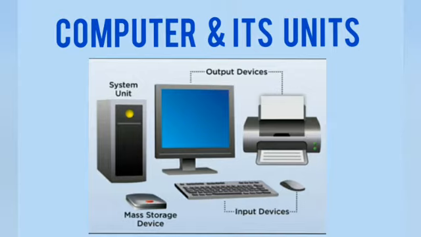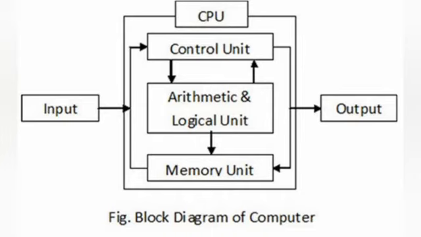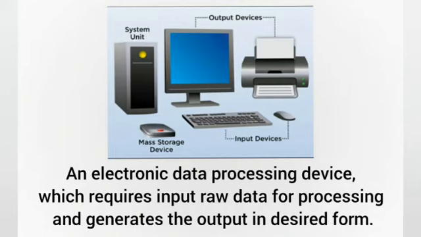Today we are going to learn what is a computer and its components. I'm going to help you understand the definition of a computer and its parts. So, coming to the definition of a computer: a computer is an electronic data processing device which requires input raw data for processing and generates the output in the desired form.